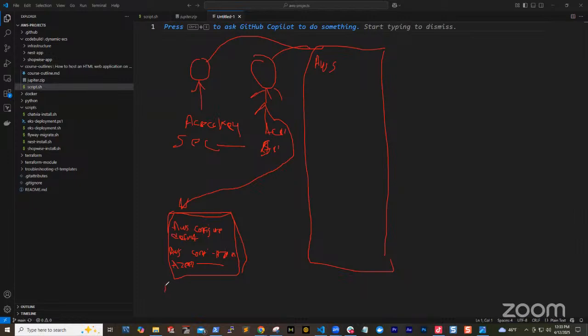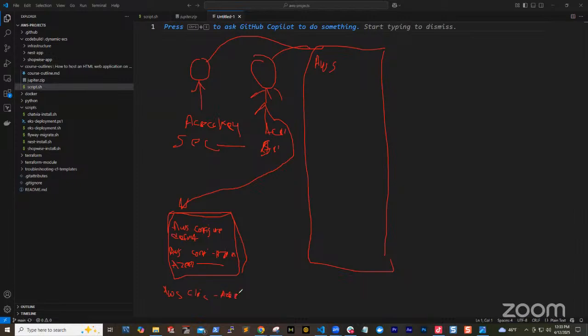Well, I'll show you in a bit, but you will type your AWS CLI command, the same command you would type here, then you will put the profile name at the end.